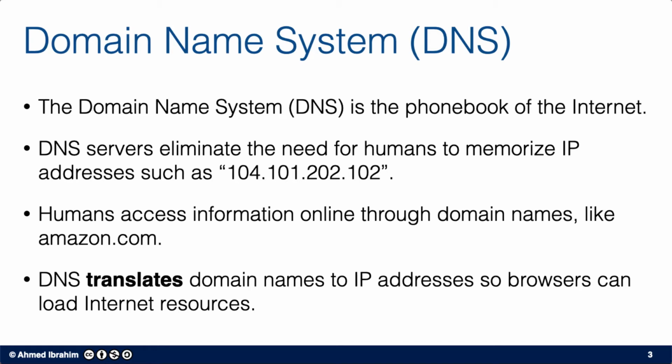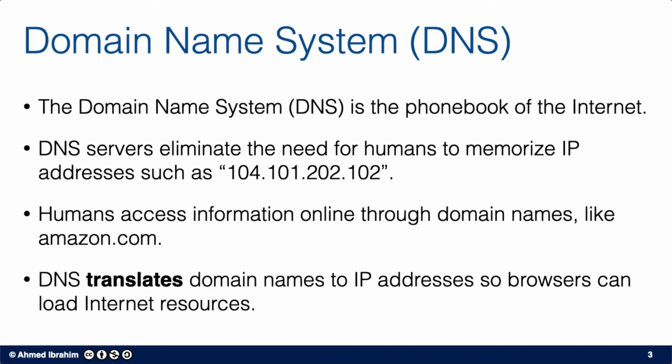As humans, we want to access information online by typing human-readable domain names like Amazon.com, Google.com, and Yahoo.com. So the DNS translates a domain name like Amazon.com to its IP address, such that the browser can go and access these servers and present you with the page that you see when you go to that Amazon.com website.